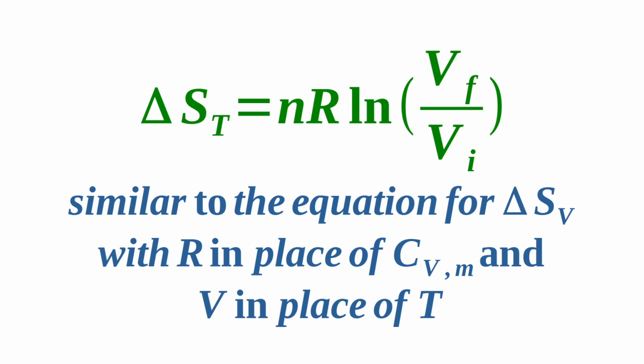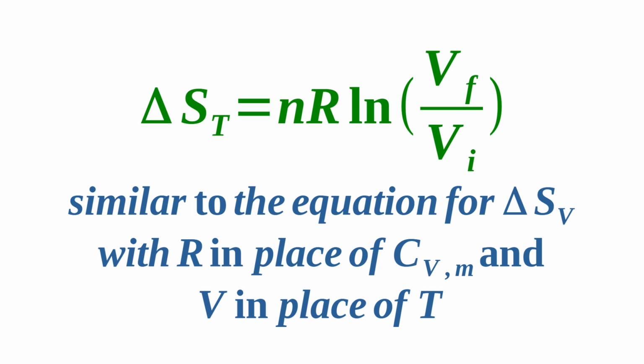Accordingly, delta S sub T equals nR times ln of Vf over Vi, similar to the equation for delta S sub V or P considered in part 1.